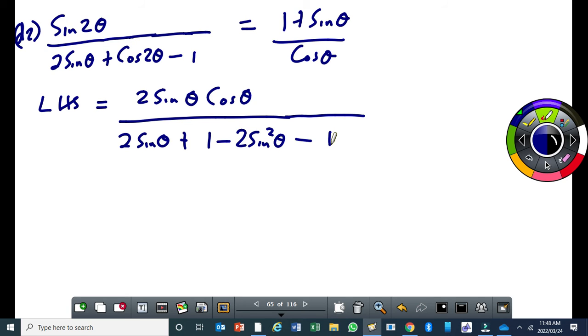Because it's very difficult to work with cos together with this 2 sine theta. This is a 2 sine theta, and this is a 2 sine squared theta.